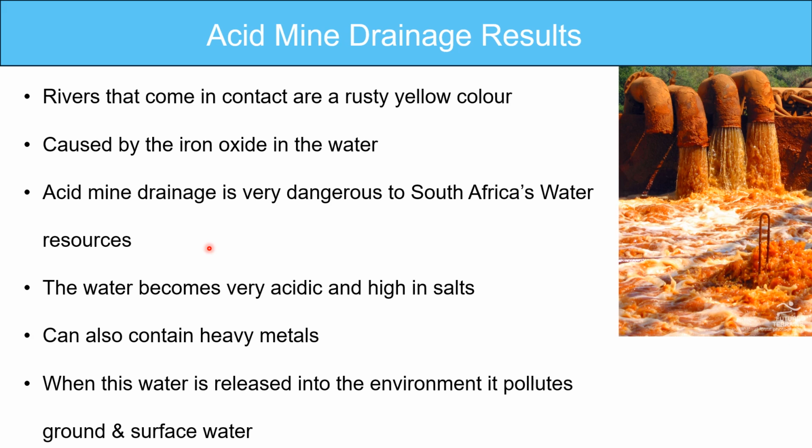The water becomes very acidic, high in salts, and also contains heavy metals, which of course you do not want to be drinking, you don't want to be watering crops with, and you don't want wildlife to be drinking, because that can cause a lot of problems. Like I said, when this water is released into the environment, it pollutes it, whether it's groundwater or surface water. It causes a big environmental issue.